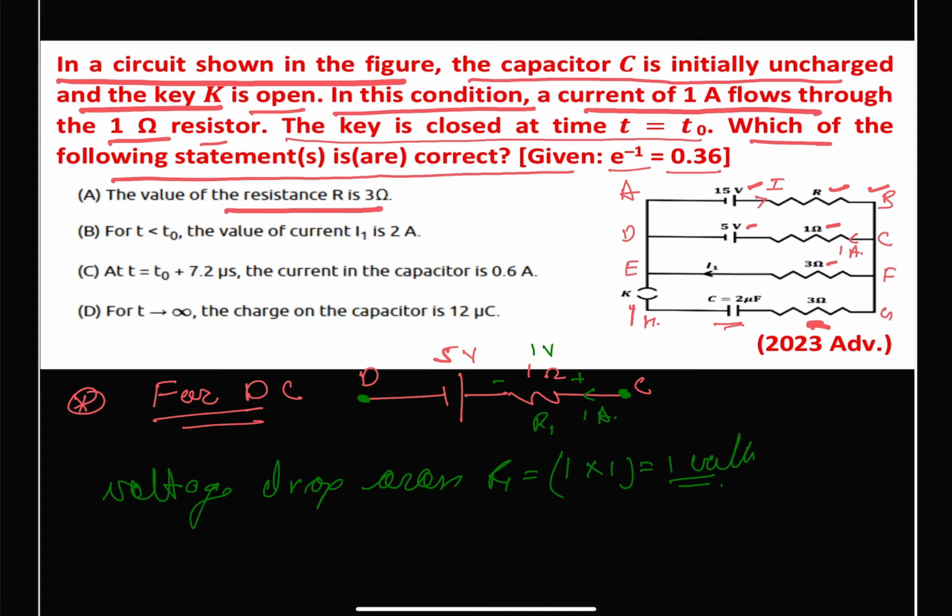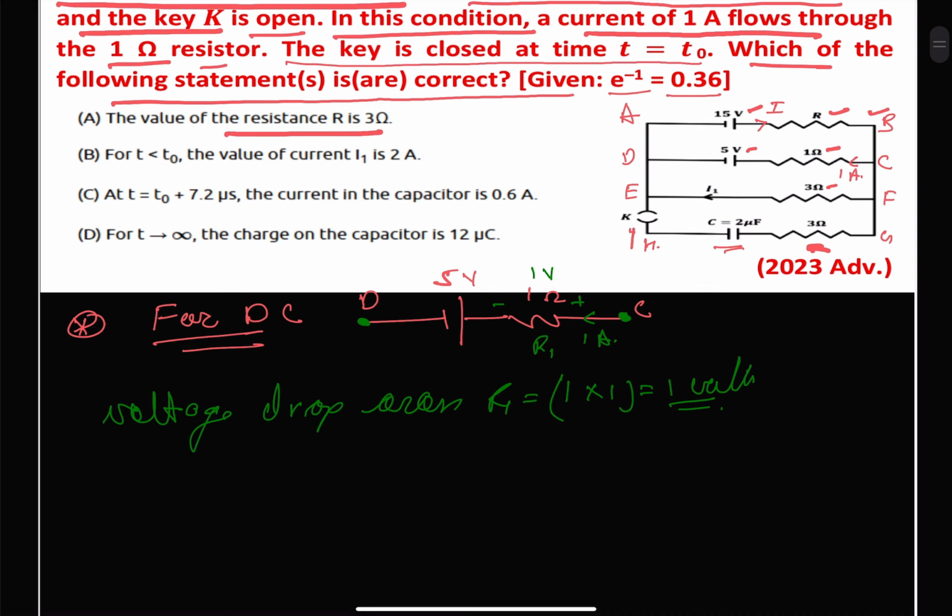Therefore we can say that the voltage at C, let us call it VC, will be equal to 5 plus 1, which gives us 6 volt.